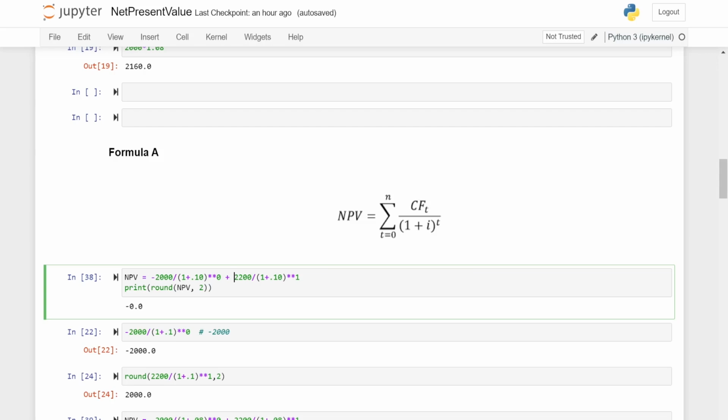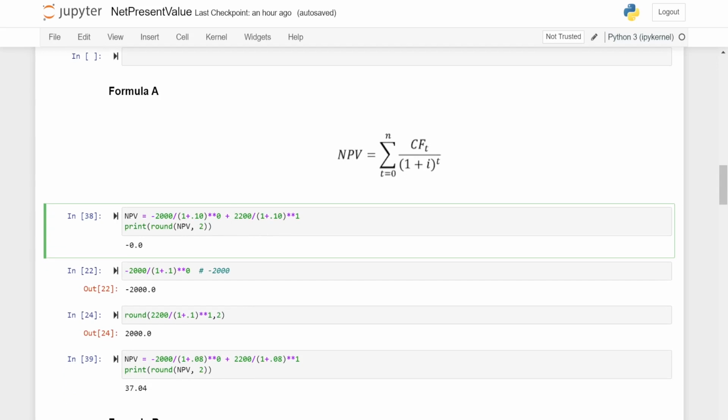Great. So having seen that, can we now consider the interest rate to be 8%? Okay, that has already been done. When we are calculating for 8%, see what is happening? 37.04 versus 0. Here net present value is 0.